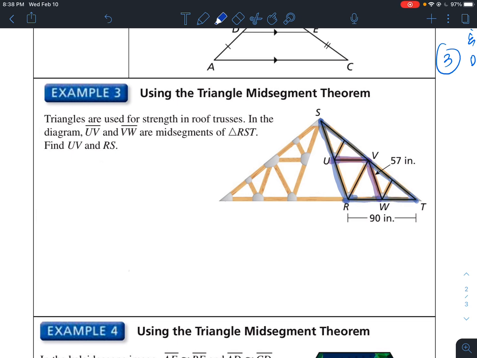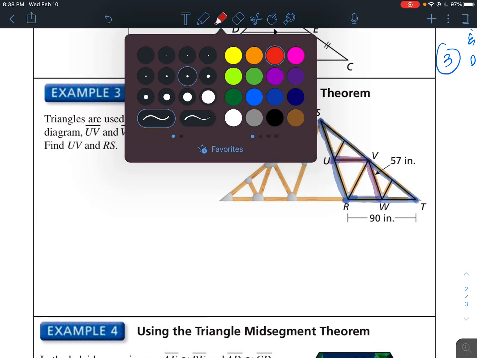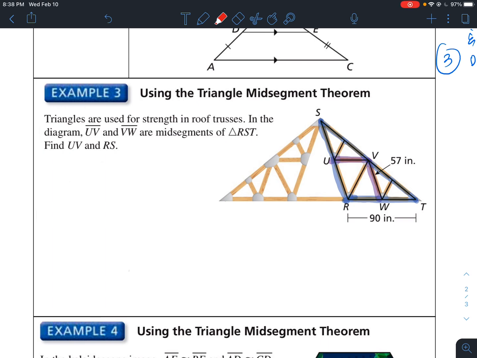So these are two midsegments of this triangle. Okay? We want to find the value of UV, so we want to know the length of this truss right here and the length of RS.